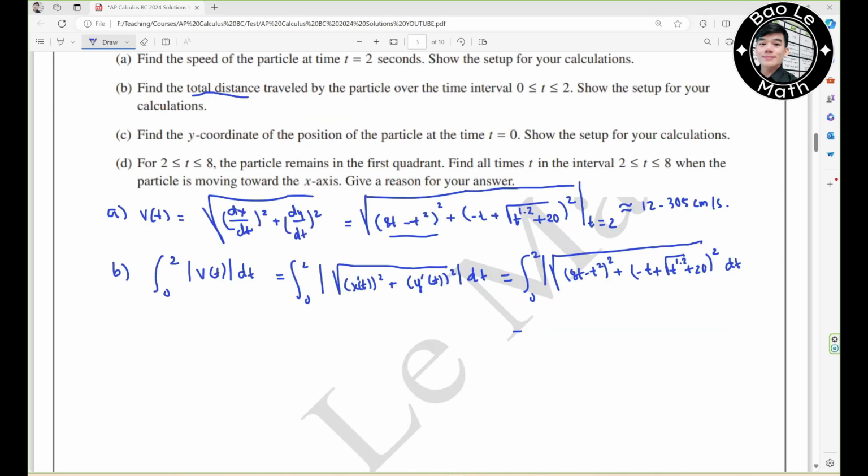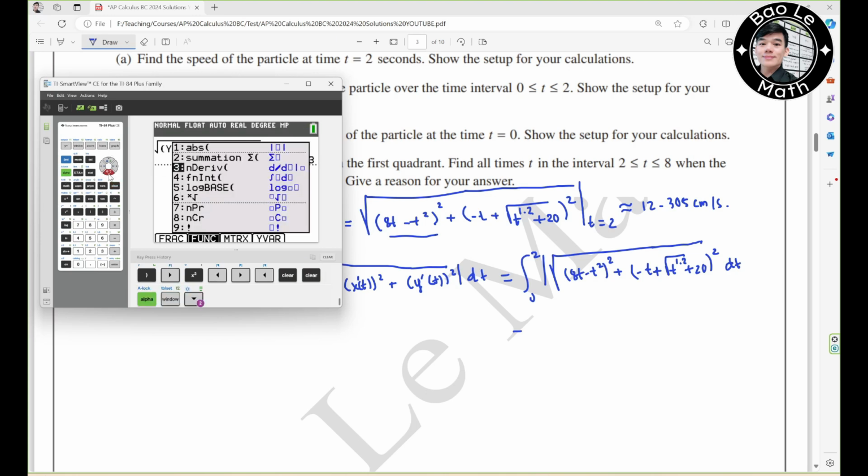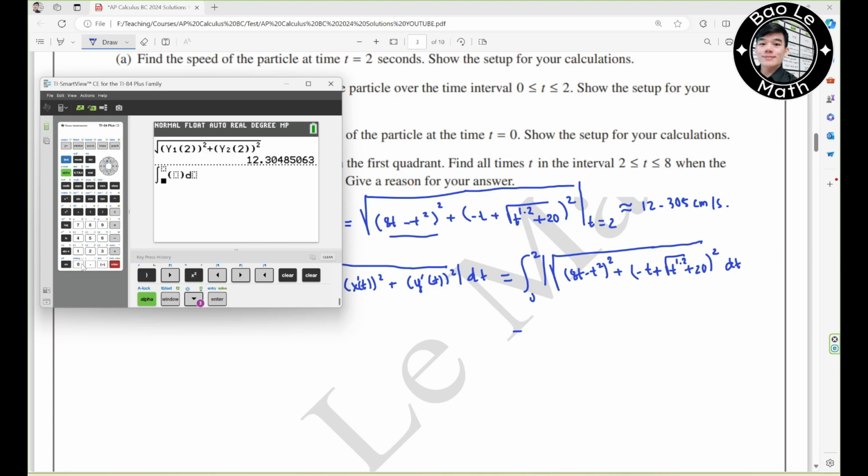Alright, so we're going to bring up the calculator. We hit alpha window, number 4, integral from 0 to 2.